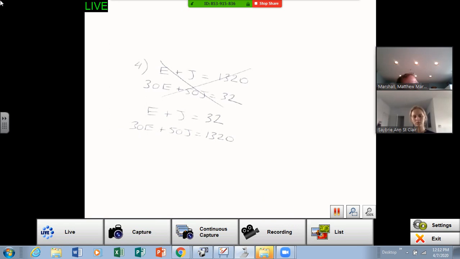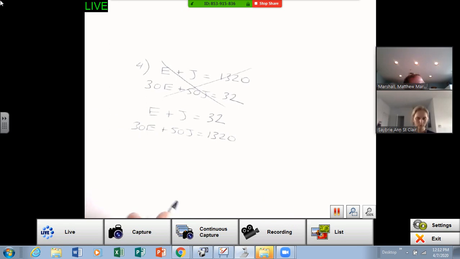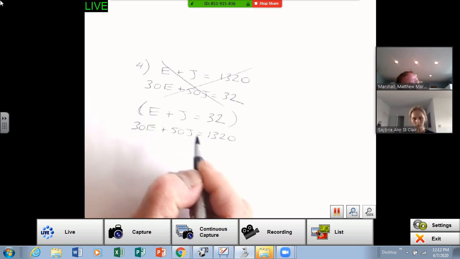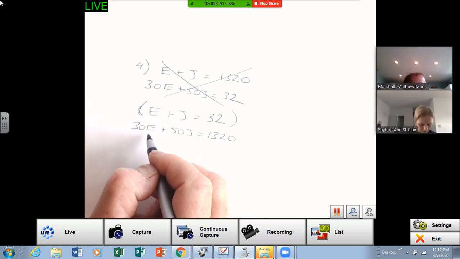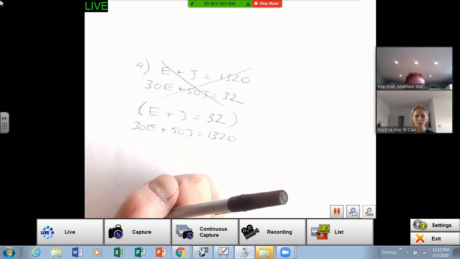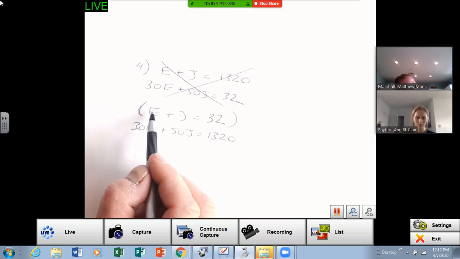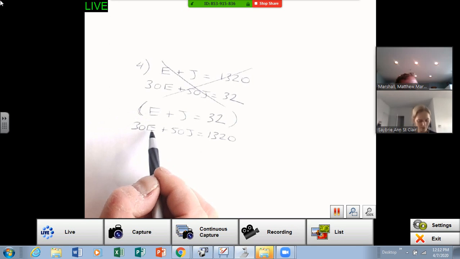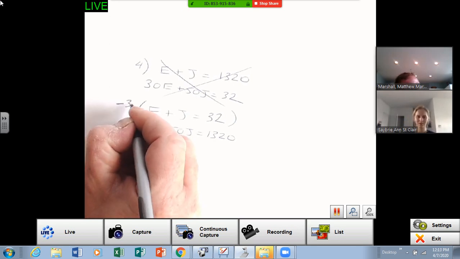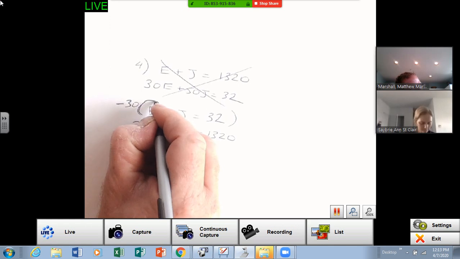So if I take that top equation, I'm going to multiply everything by what? Remember, like kind of like that last one? If I want to eliminate my E's. Not just 30 though, not 0.30 though. You want to have the opposite of 30, negative 30. And that's going to distribute all the way through.